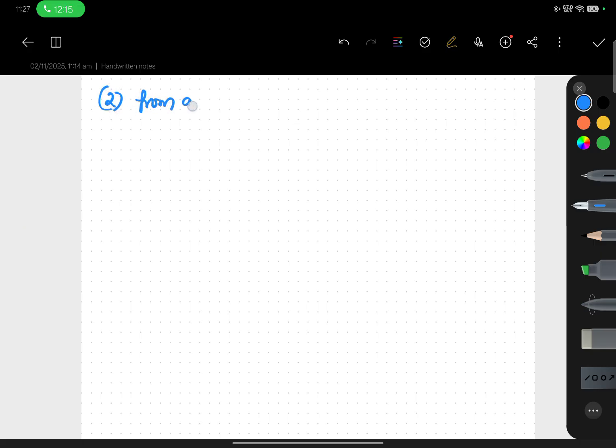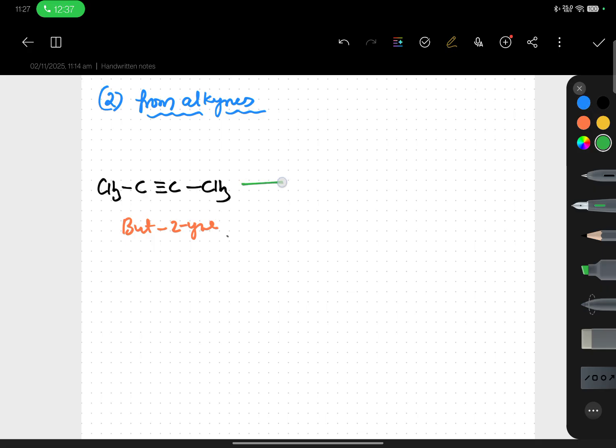So from alkynes. This time I'm going to take an example, CH3 C triple bond C CH3. What is this molecule called? Butyne. Now you can treat it in two ways, ma.